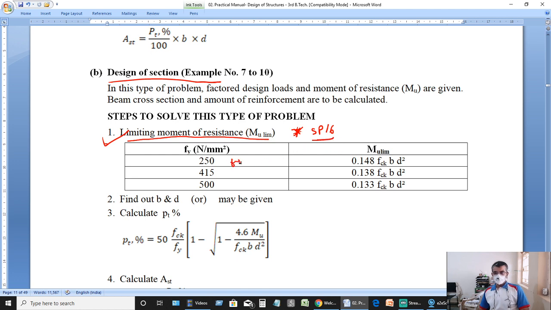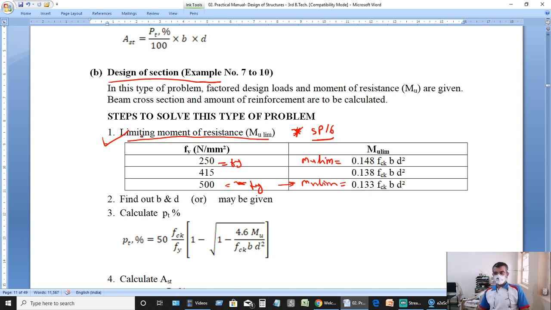So if your Fy is 250, then your mu limit equation will be 0.148 fck bd square, and if Fy is equal to 500, then your mu limit will be 0.133 fck bd square.